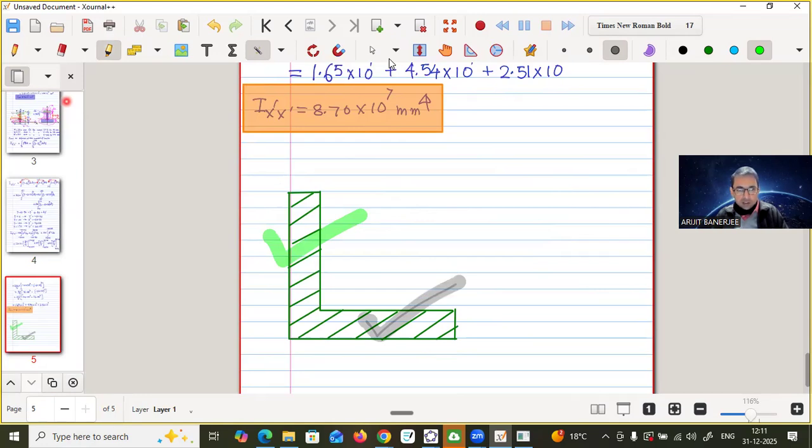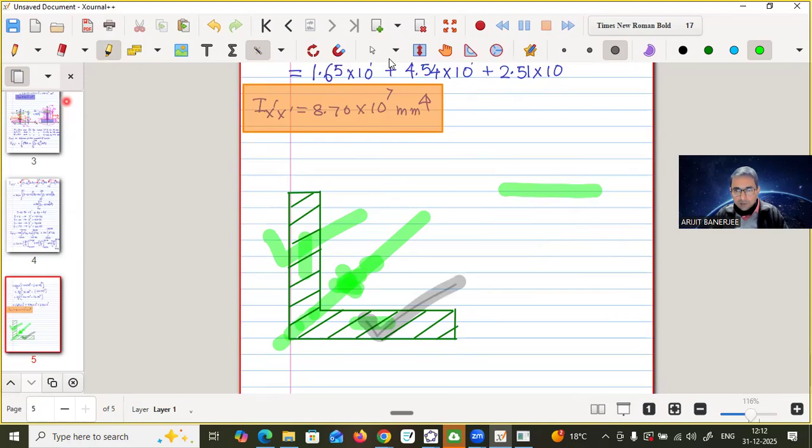For this, it is somewhere here. For this it is here. Therefore, the x coordinate will be coming on a different line, somewhere here in between, like this. So for this type of shapes, you have to determine both the x and the y coordinate.